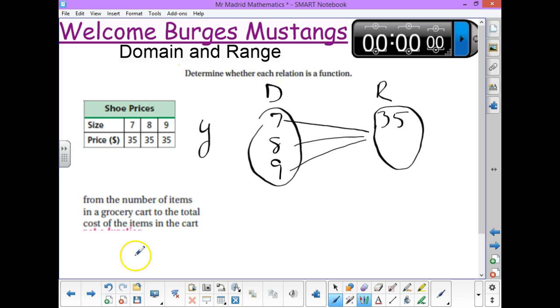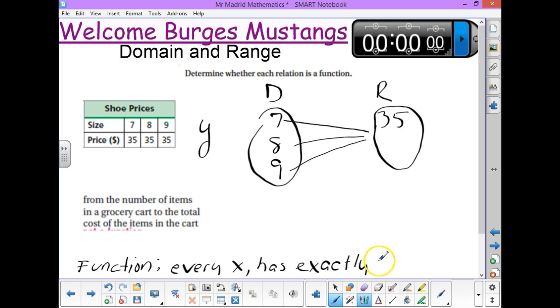because you can declare, among other definitions, here's maybe one of the easier ones, every x has exactly 1 y.